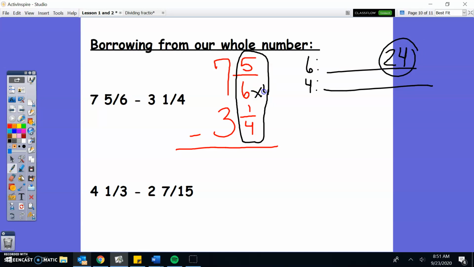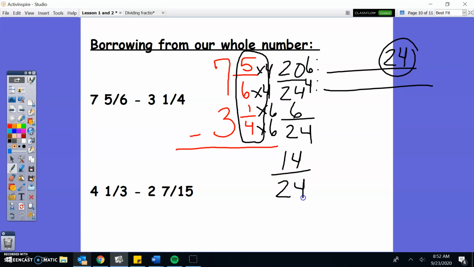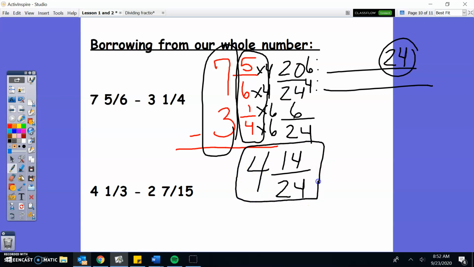So I'm going to multiply by 4 to get 24, multiply by 6 to get 24, which means I need to do that top and bottom, which gets me 20/24 minus 6/24, which gets me 14/24. 7 minus 3 is 4. So that one worked out nicely. We didn't have to borrow for that one.